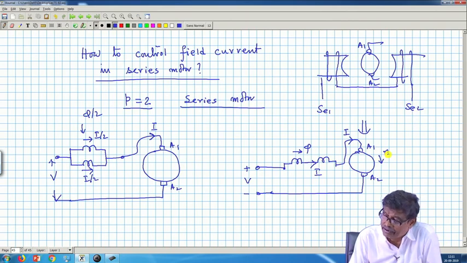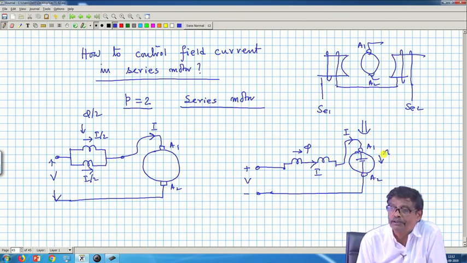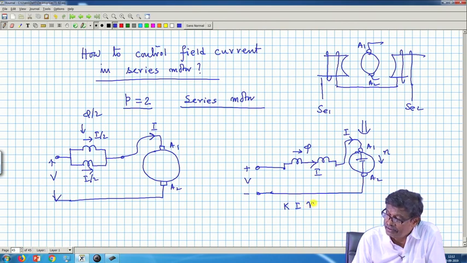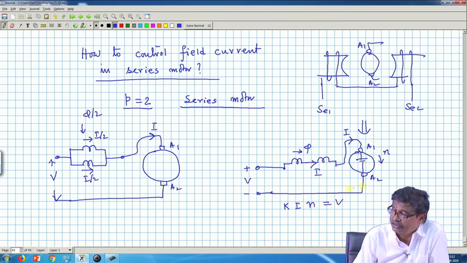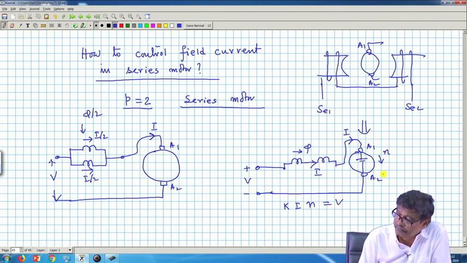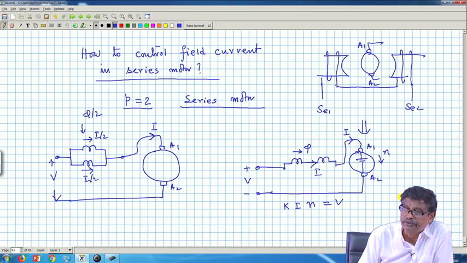If these resistances are neglected, then it is only the back EMF which will be present, and back EMF is k into phi, that is proportional to I, into n, that is equal to V in this case. This will be the situation.